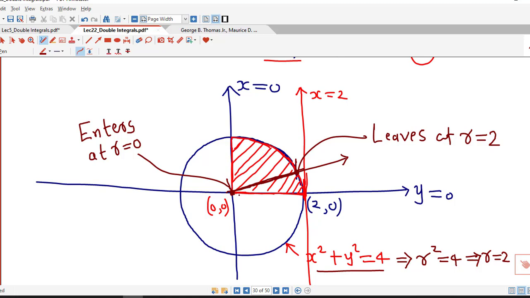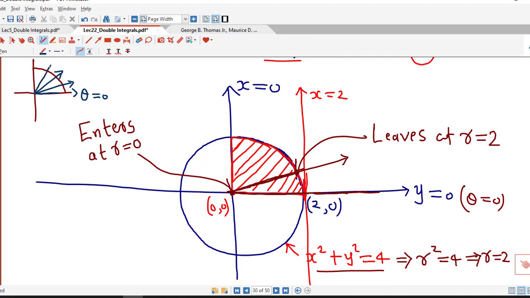Now to cover the remaining region, we have to consider this type of rays starting from this point, and at this point value of theta is 0. This is the smallest possible value of theta, which is 0, and then we increase the value of theta.